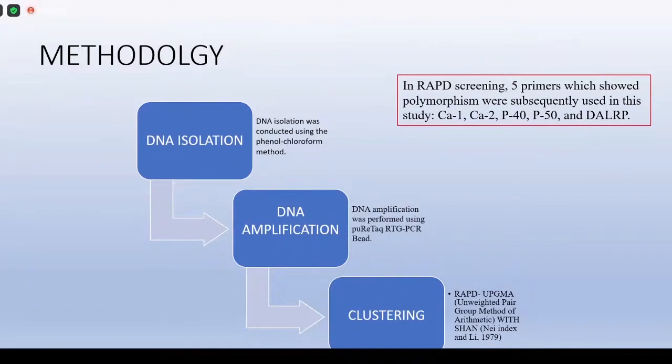In this RAPD screening, 5 primers which showed polymorphism were subsequently used in this study. The 5 primers are CA1, CA2, P40, P50, and the ALRP.